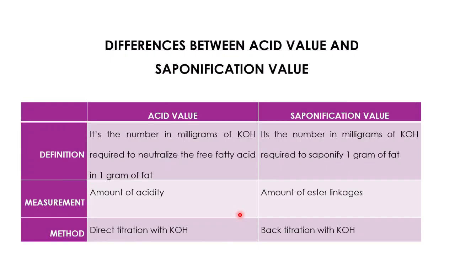Let us now look at the difference between acid value and saponification value. In terms of definition, acid value is the number in milligrams of potassium hydroxide required to neutralize the free fatty acids in 1 gram of fat, while the saponification value is the number in milligrams of potassium hydroxide required to saponify 1 gram of fat.